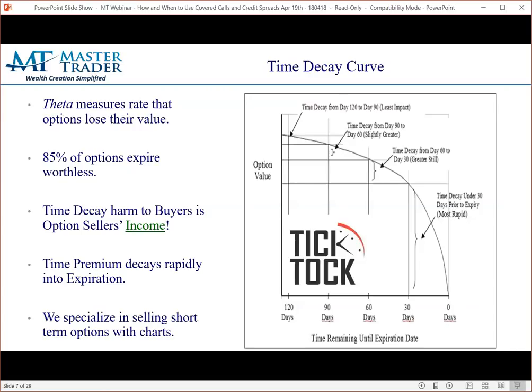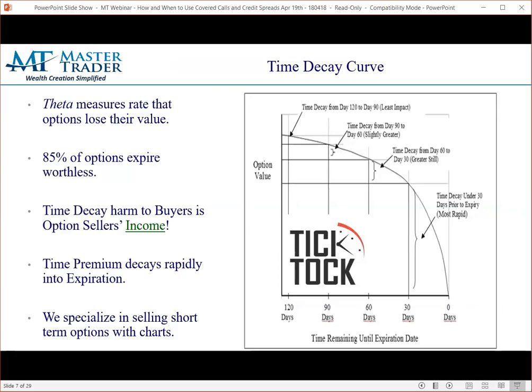And for you Greeks out there, well, option Greeks, not people trading from Greece, the option Greek is called theta. So if you were to pull up your option software and you see a column that says theta, and you're like, what the heck is that? This is what it is. It's measuring the rate that the call option loses value over time into expiration.